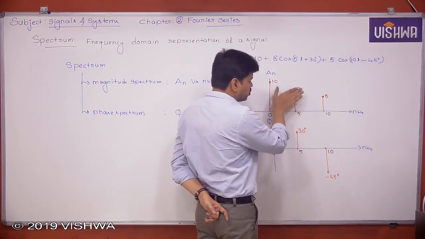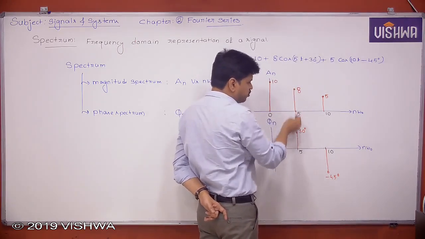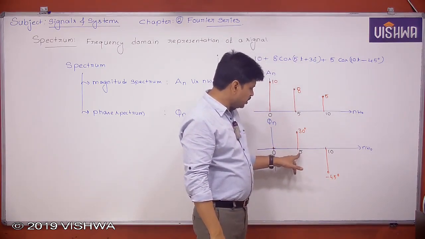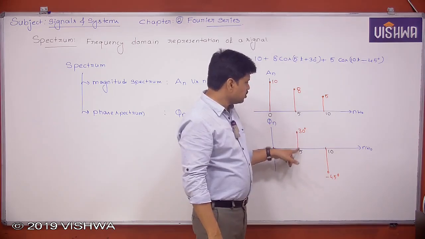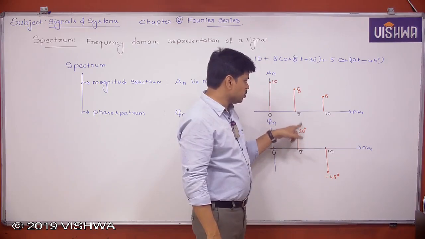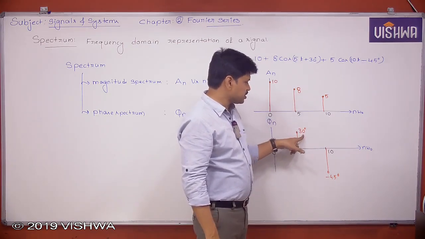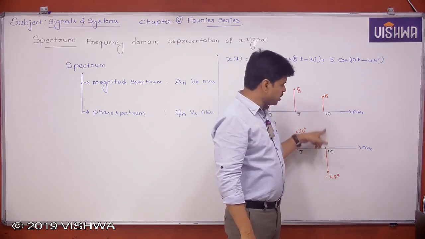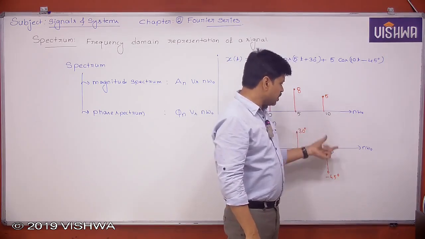Suppose, without saying this, can you write the expression for the wave? Cos 5t, with magnitude equal to 8 and phase equal to 30 degrees. So 8 cos(5t + 30 degrees). Next, at 10 we have a cos wave, cos 10t. What is the waveform for this?